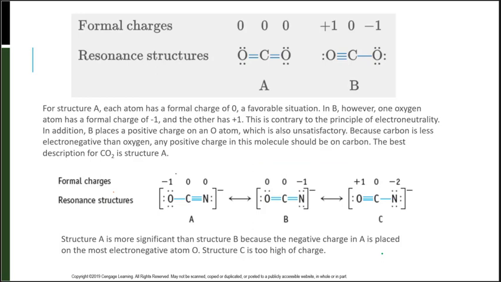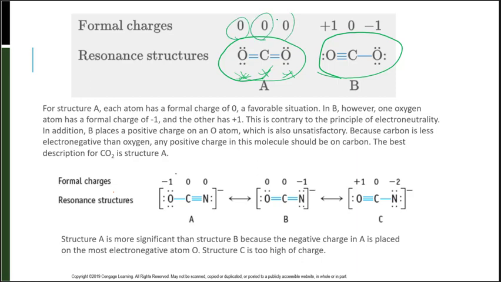Looking at CO2, here's an example, carbon dioxide, where if I found the formal charges, which you know how to do, so I'm going to eliminate doing the calculations, on both of those O's and the C, I would get a formal charge of 0, 0, and 0. If I found the formal charges on this structure, which is also a resonance structure of CO2, I would get positive 1, 0, and negative 1.